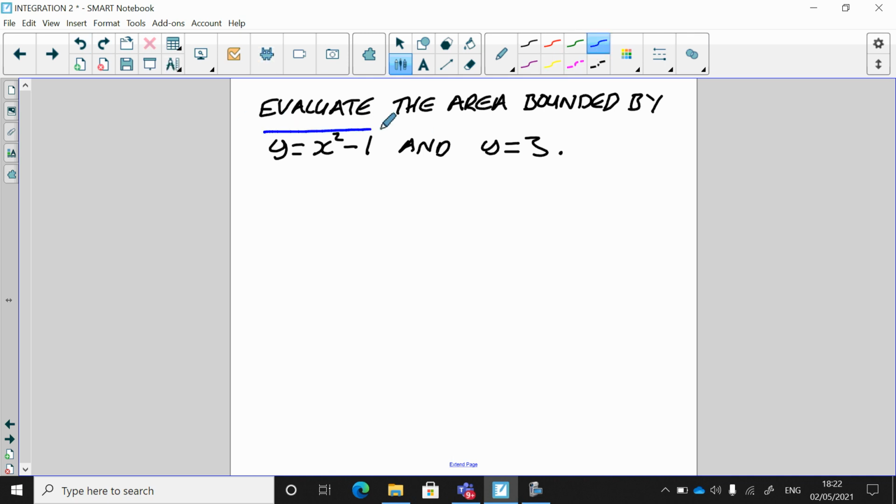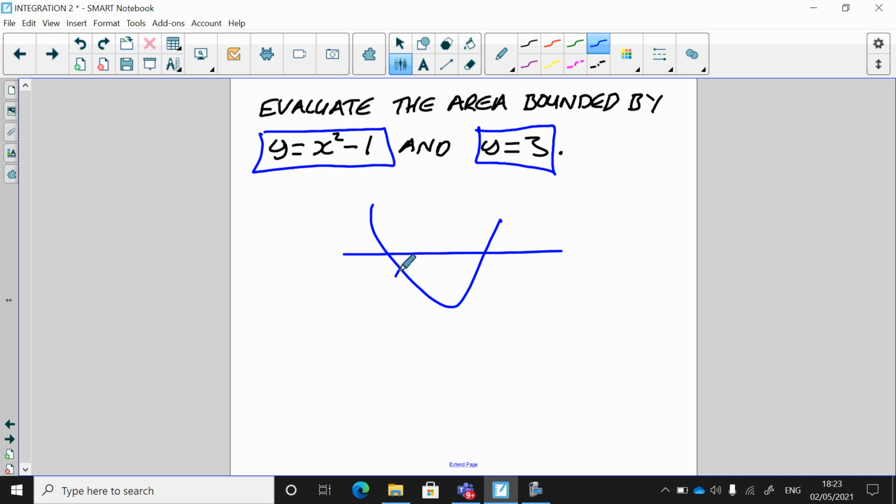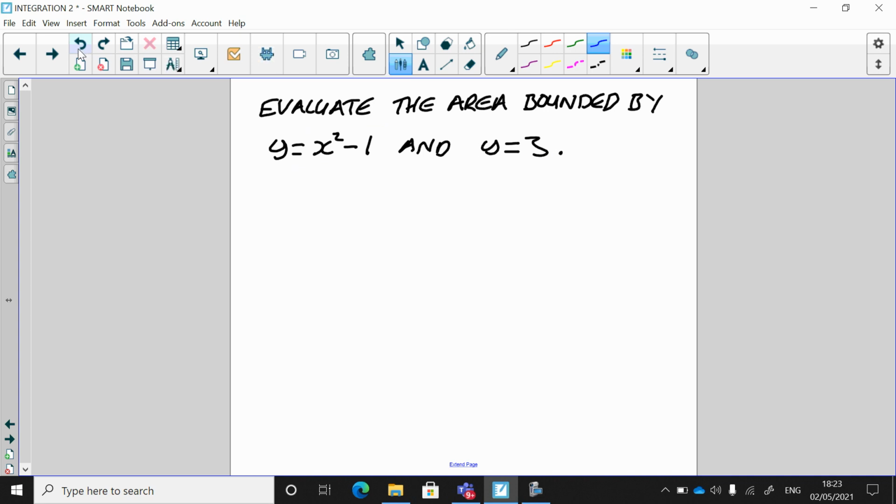This one here looks like a parabola, and this one here looks linear. So x squared take away 1 looks something like that. y equals 3 looks something like that. So we are working out this area kind of in here. I'm sure I'll get a better picture in a few seconds or so. So that's what we're doing here.